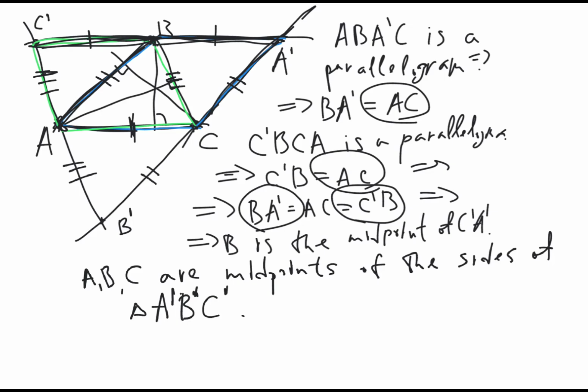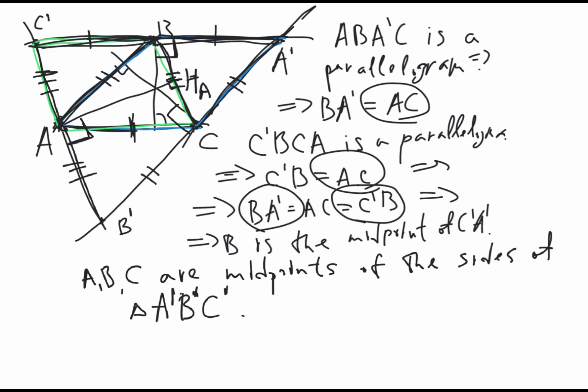Now observe the altitudes of the original triangle ABC. Since AHA is perpendicular to BC, it is also perpendicular to its parallel line C prime B prime. So this angle is also a right angle. Similarly, this is a right angle and this is a right angle.